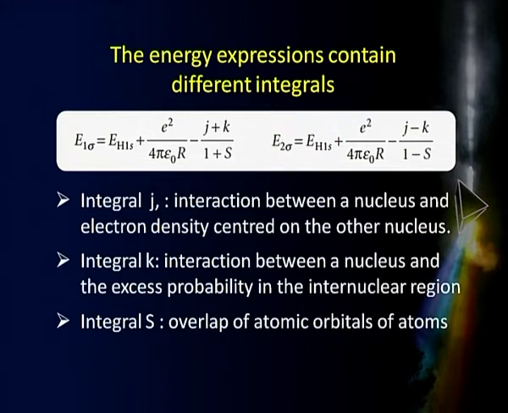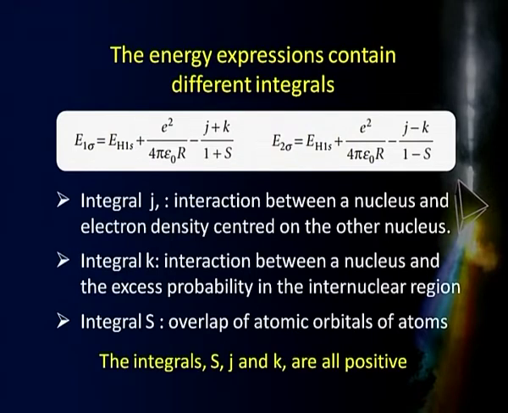That is very straightforward: it concerns the overlap of the atomic orbitals of the atoms as they form a bond. All three integrals s, j and k are positive in sign. When I put their values into the expression, we find there is a variation in the energy of the 1 sigma orbital or the 2 sigma orbital as a function of r, and that is my potential energy curve.